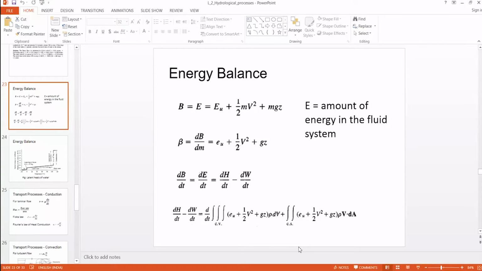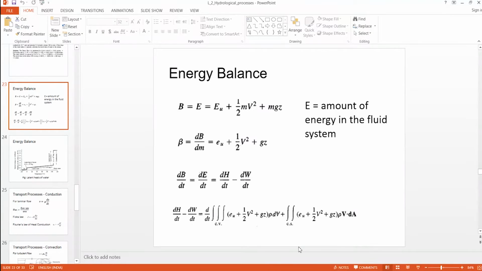So H is the energy supplied to the fluid system, and the amount of energy in the fluid system after it worked on its surroundings is equal to E. Here E is the extensive property, then its intensive property B is equal to E per unit mass, represented by small e.